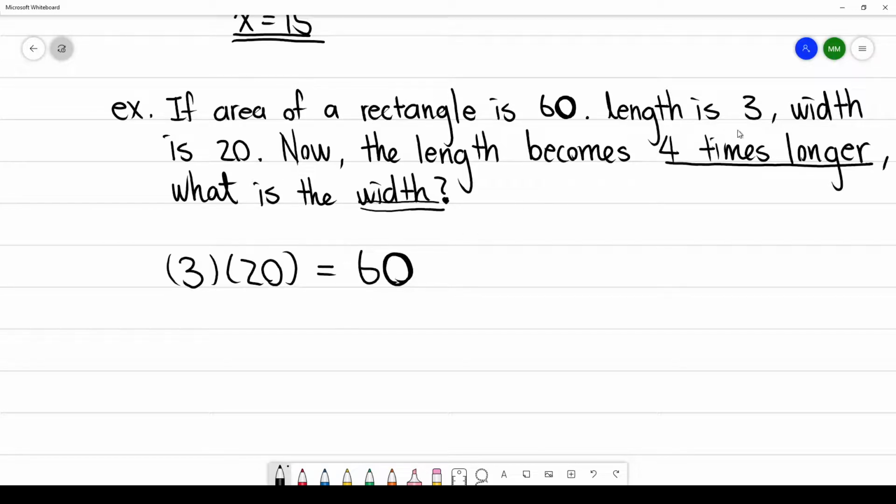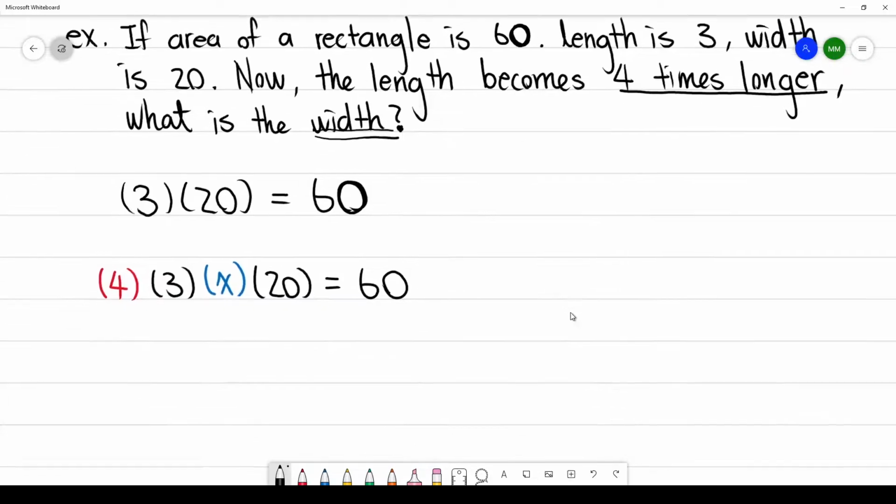Now the length becomes 4 times longer, so 4 times 3. Now the width is going to change, so I'm going to let that change be x. So x times 20 is equal to 60.